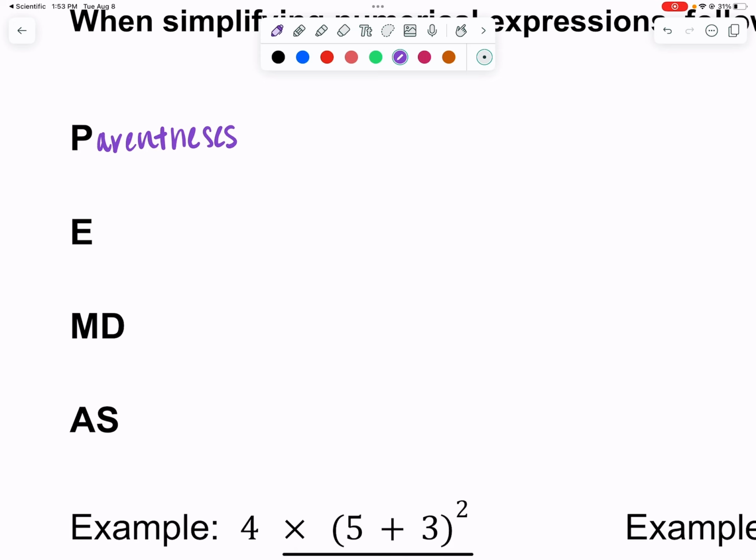The second operation we're going to look for is exponents. Remember, if you have forgotten what an exponent looks like, if we have something that looks like 3 to the 4th power, this little guy right up here is an exponent.